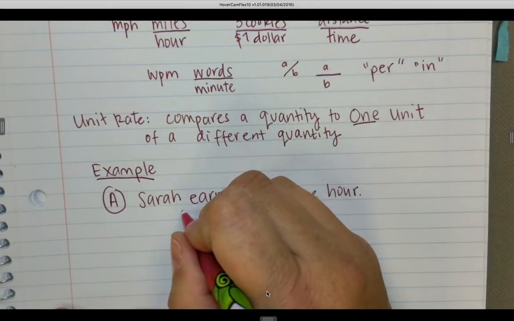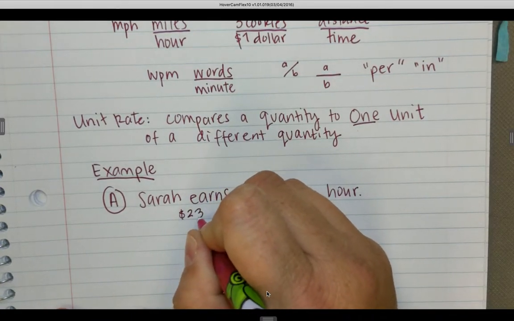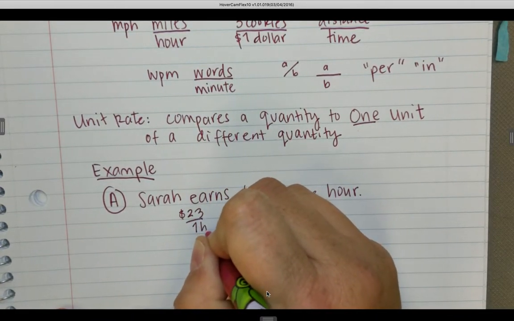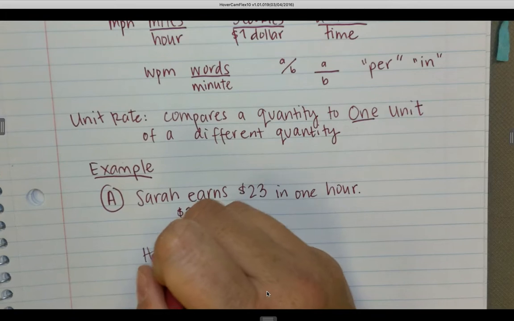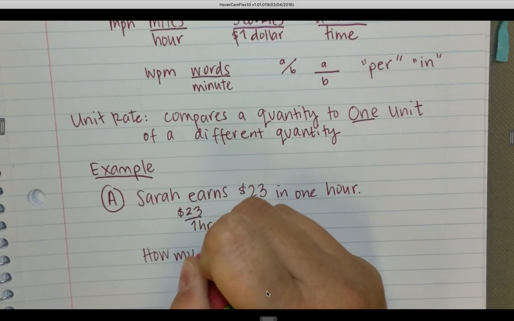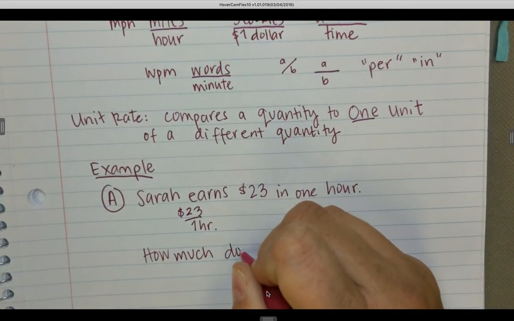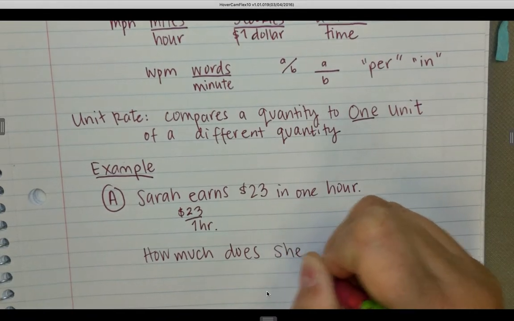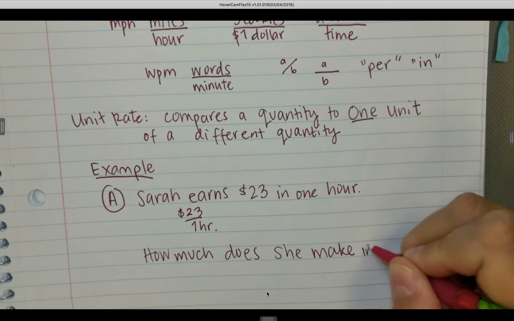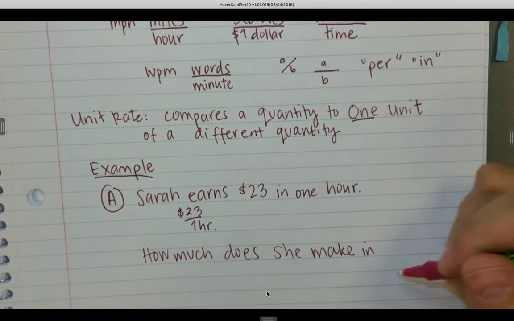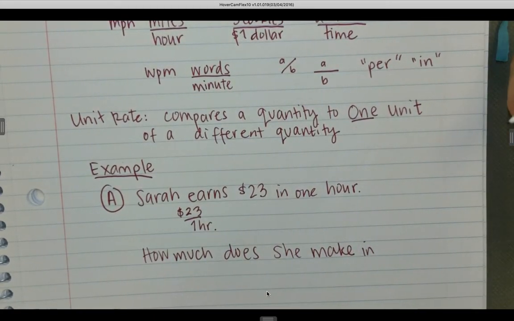And we would write that as 23 in 1 hour. How much does she make in? So here we can fill in with any amount of time.